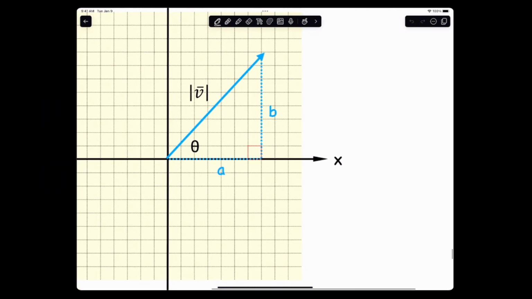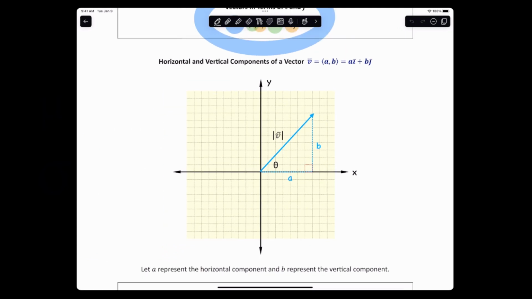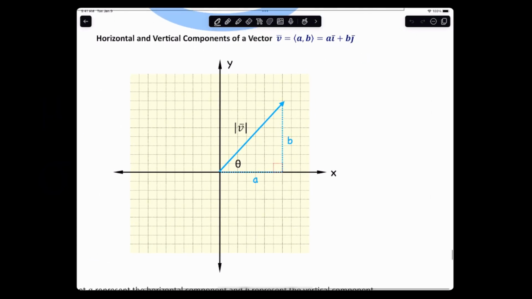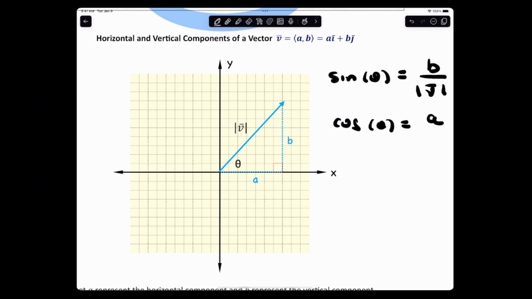Okay, we see a few things here. Let's recall the definition of what? What's sine theta? Opposite, which is b, over hypotenuse, which is the length of v. Is that true? And then what is cosine theta? Adjacent, which is a, over the hypotenuse, which is the length of v.